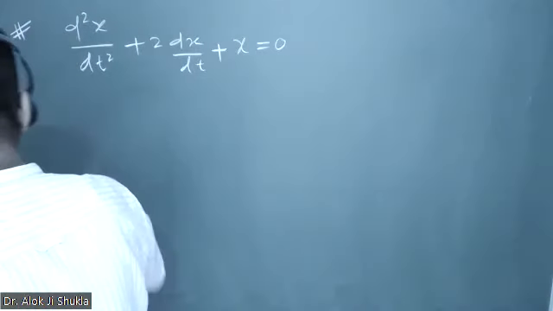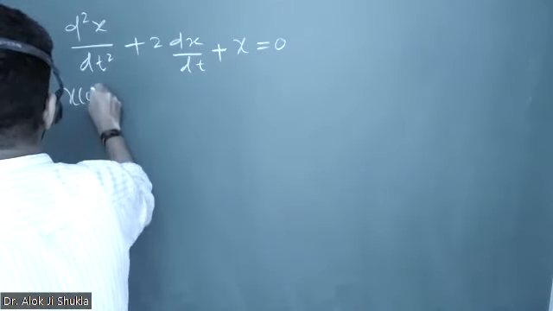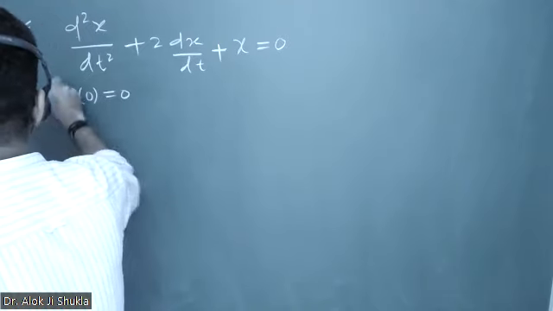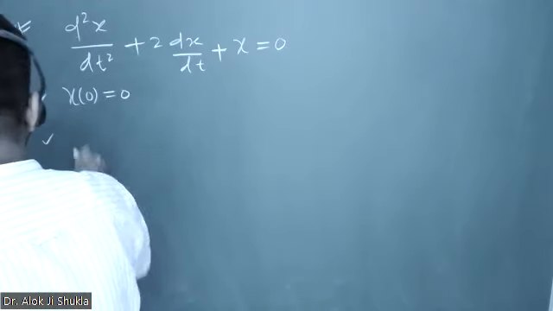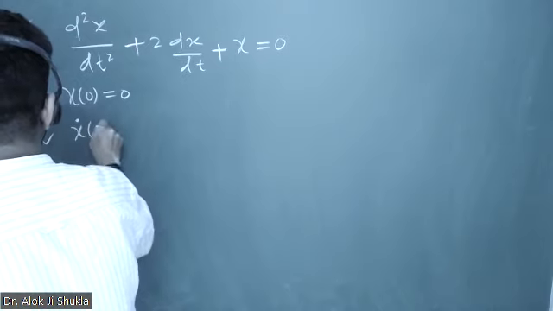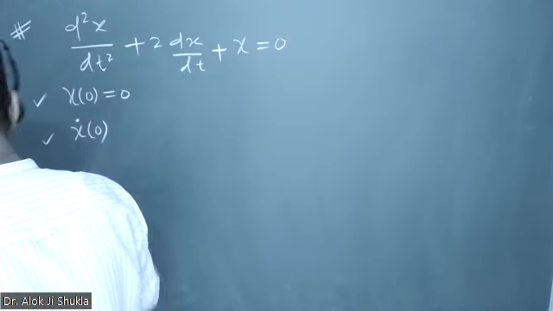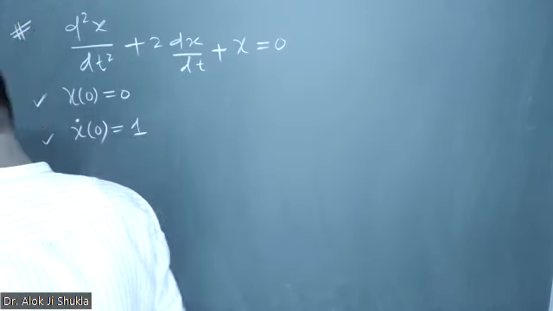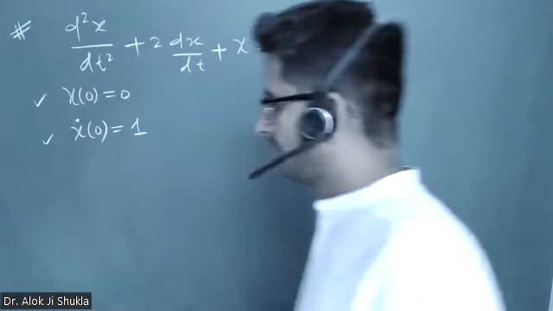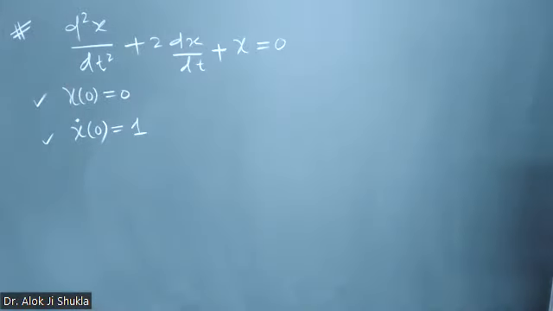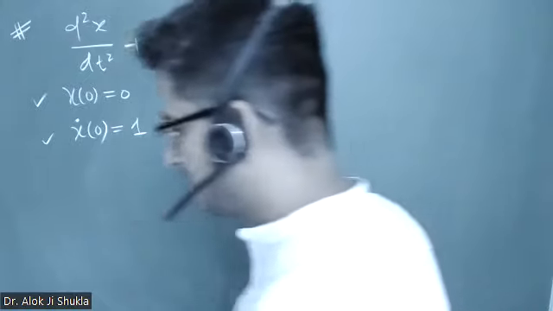And the initial condition is x(0) is 0 and x dot (0) is 1. So this equation you have to solve and analyze. Let us do it quickly, everybody.